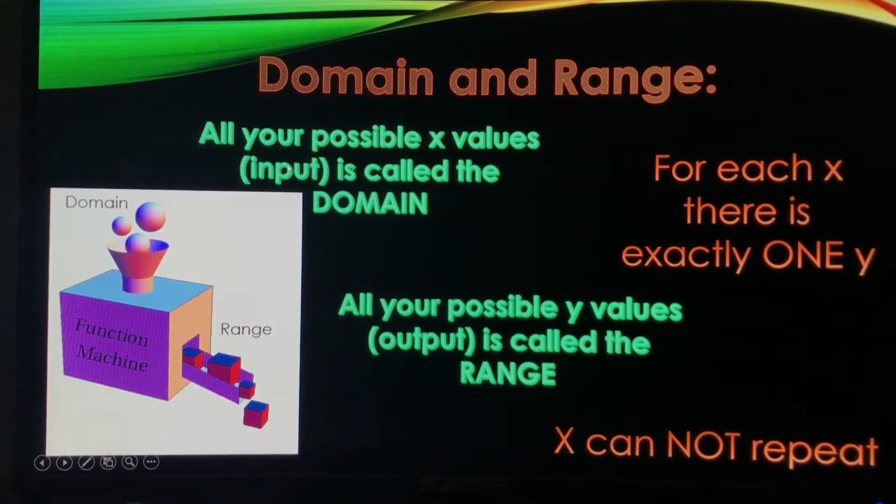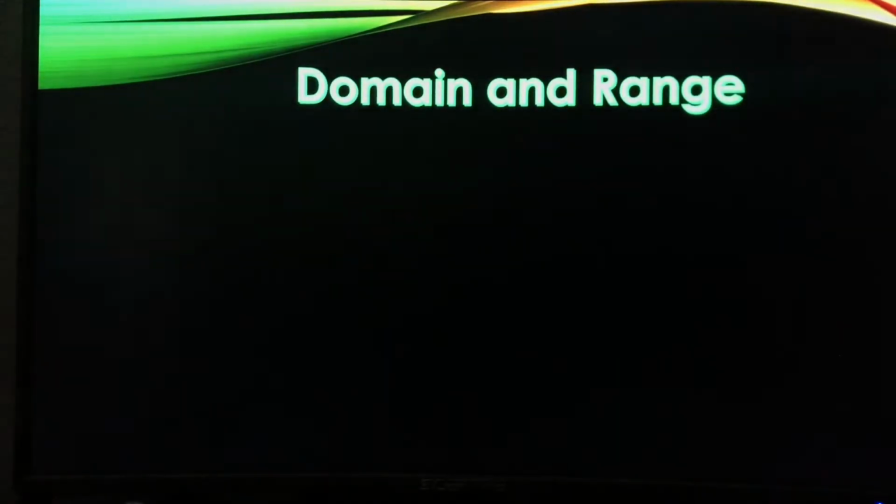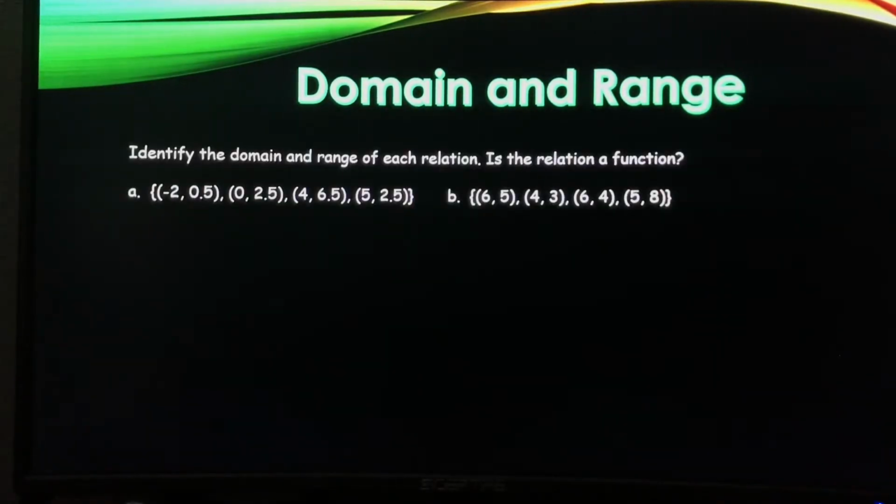So let's look at what that means for domain and range. Okay, so here I have a set of ordered pairs. This is a relation. As we know, a relation is a function. So let's take a look at letter A. I'm going to identify my domain.